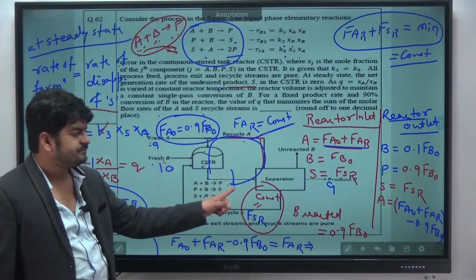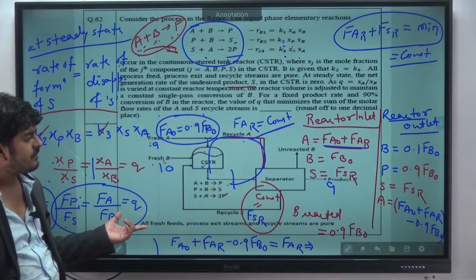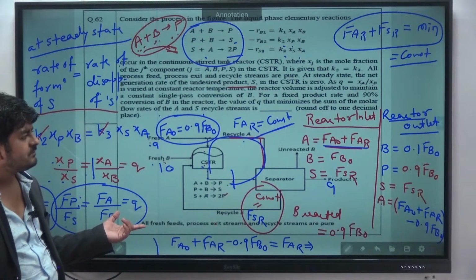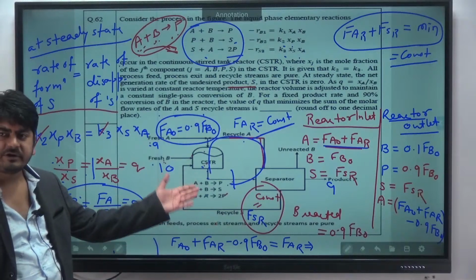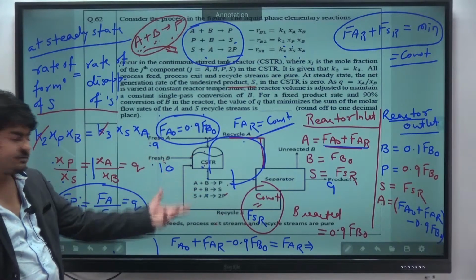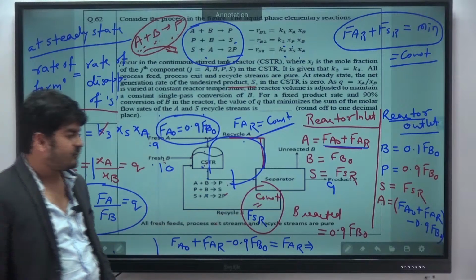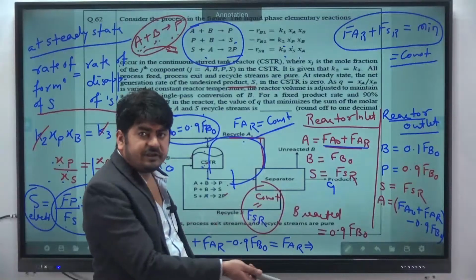Here, what will be this value? You can calculate now. You know the value of all the streams, so put that value here and you will get to know that FSR and FAR are already constant.